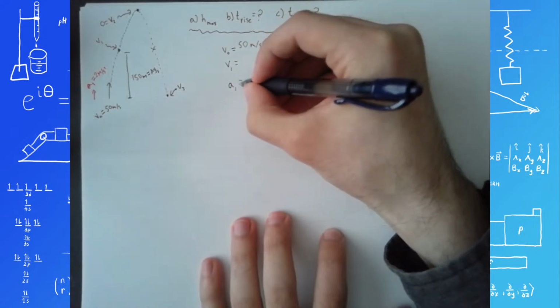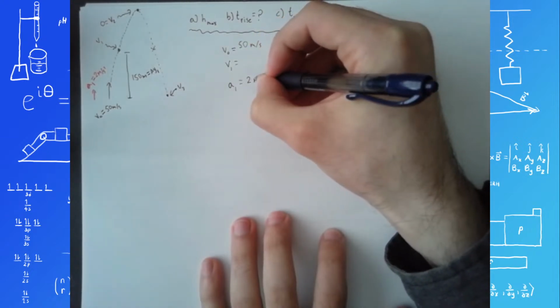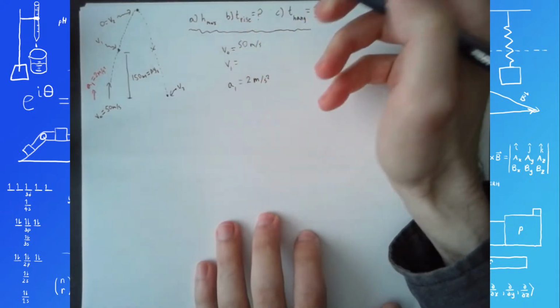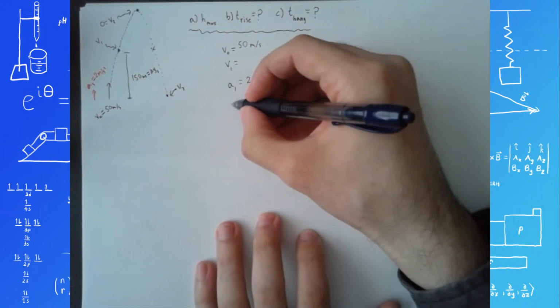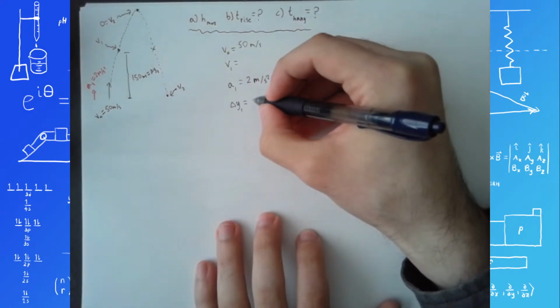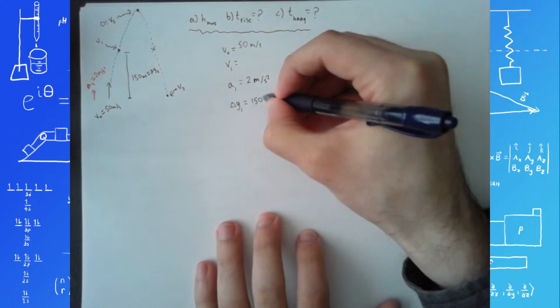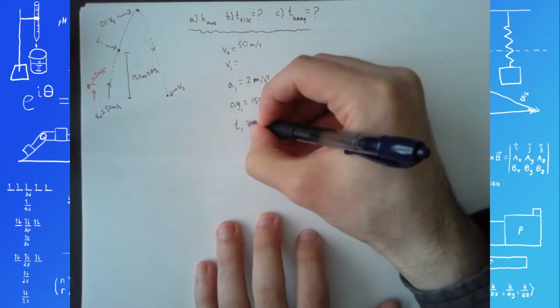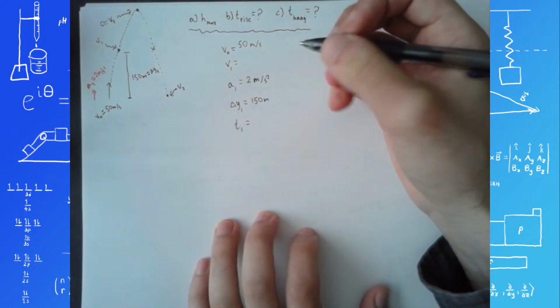Acceleration for phase 1 is positive 2 meters per second squared, since we are considering up to be our positive direction. Delta Y1 is given as 150 meters, and T1 is currently unknown.